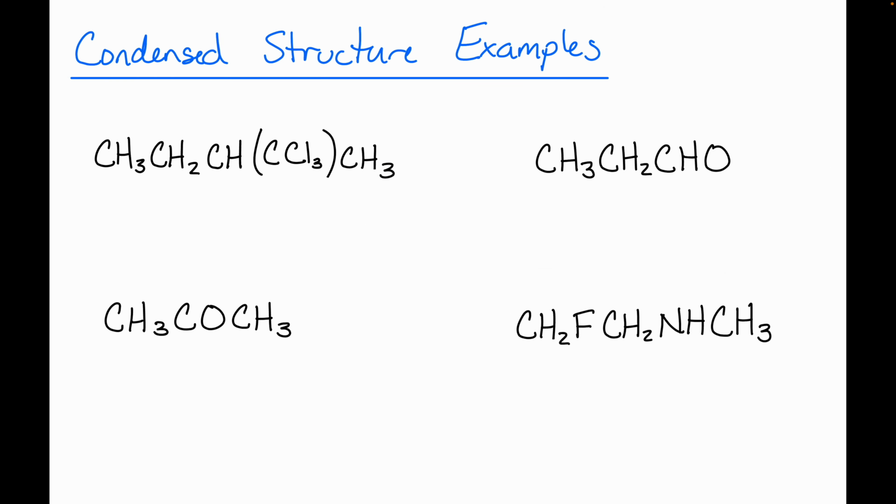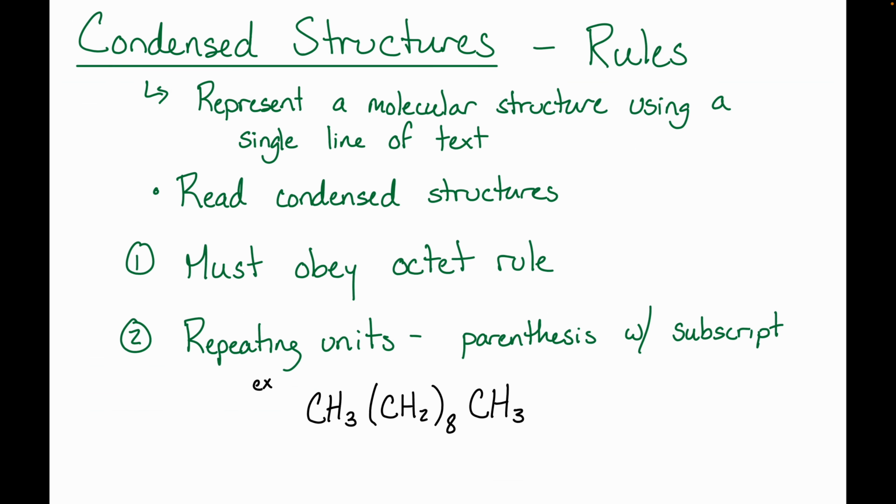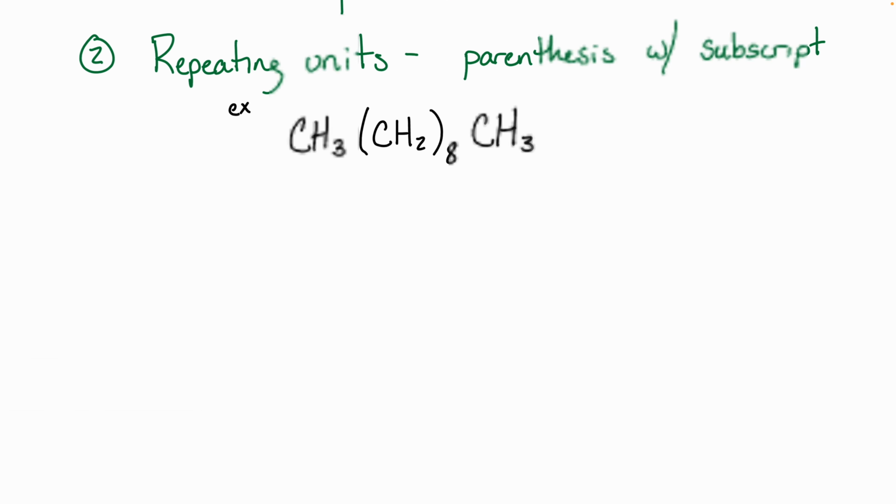And you're going to go through and draw these structures. Oh, wait, I lied. There's one more thing we've got to do first. Back up. One more rule we're going to add to our list for condensed structures. We saw our repeating units. There's one more that we need.